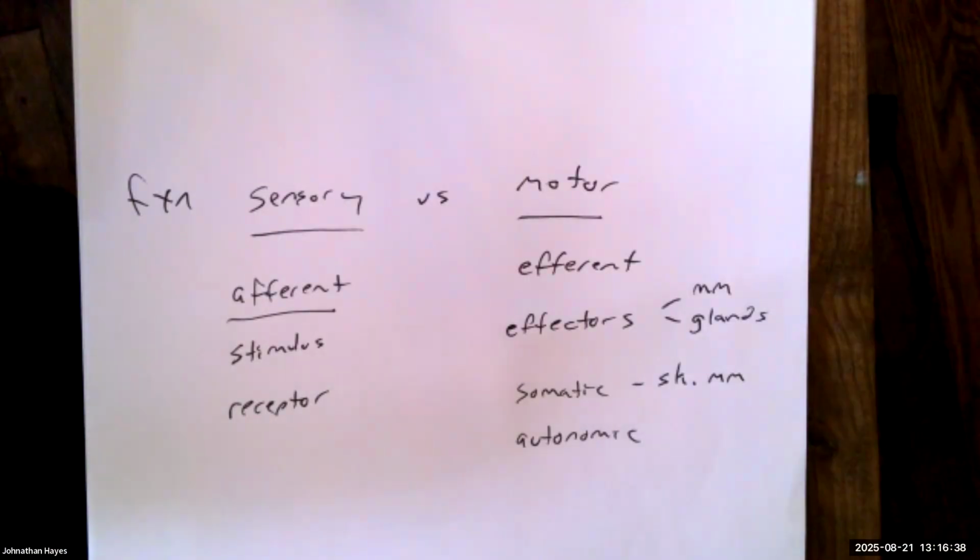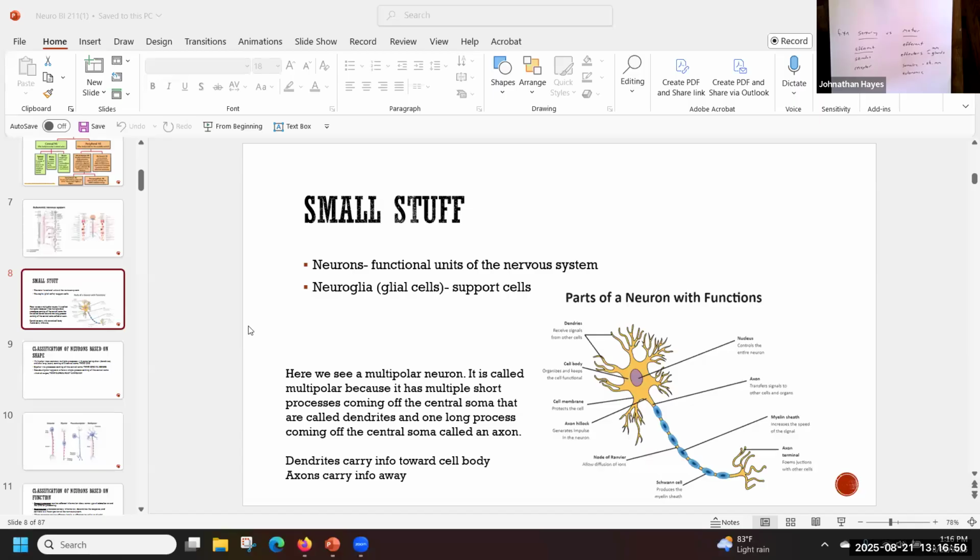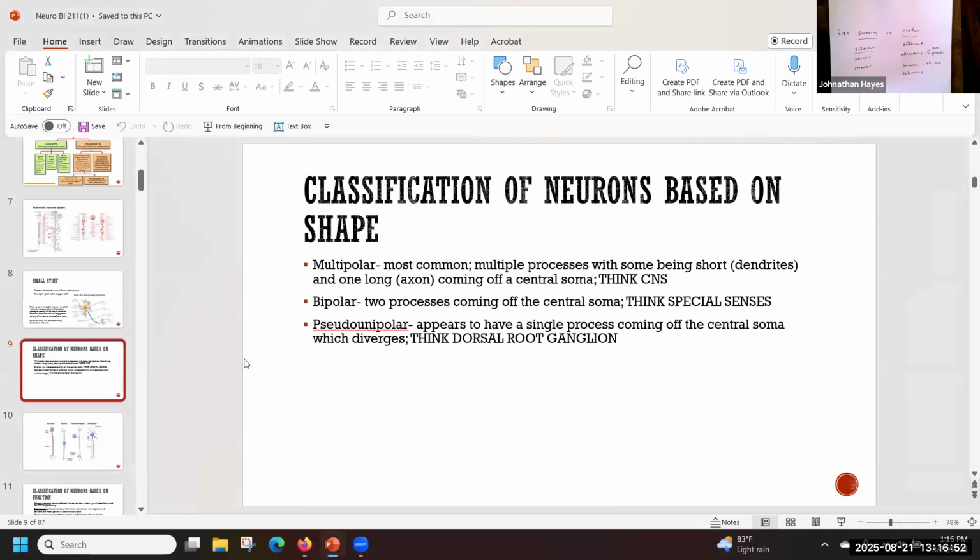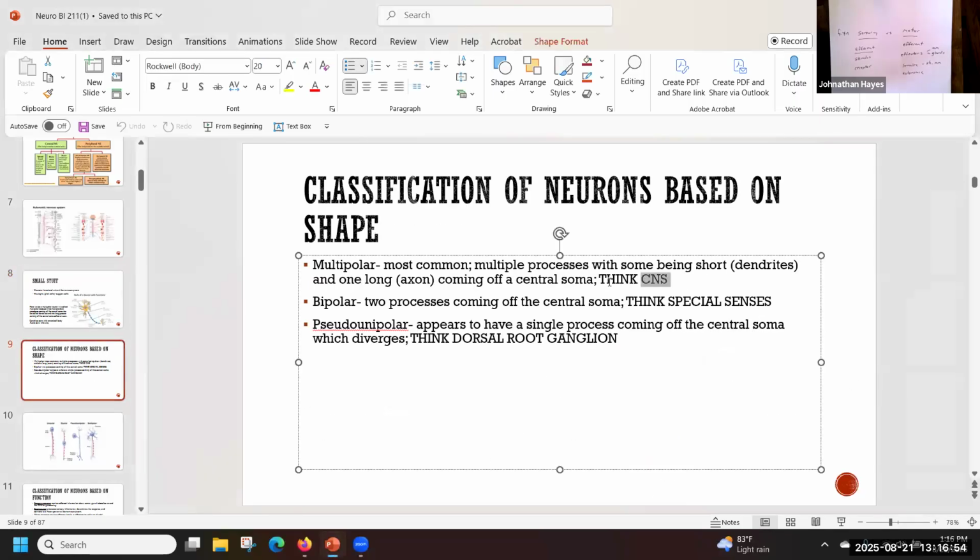And then sometimes they'll ask you to also memorize where you find each particular shape of neuron. So if we go back to our little PowerPoint here, we can see I did put those in for you again. Multipolar neurons have multiple processes coming off the central soma, think CNS. Bipolar neurons have two processes coming off the central soma, think special senses, and so on and so forth. So we got that all covered.